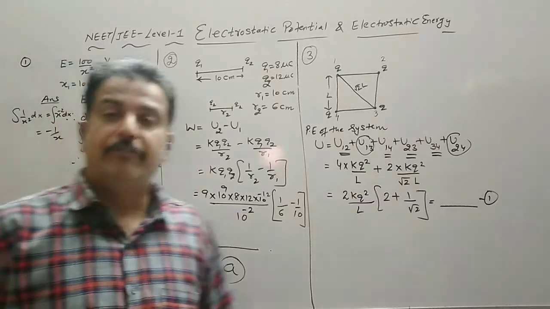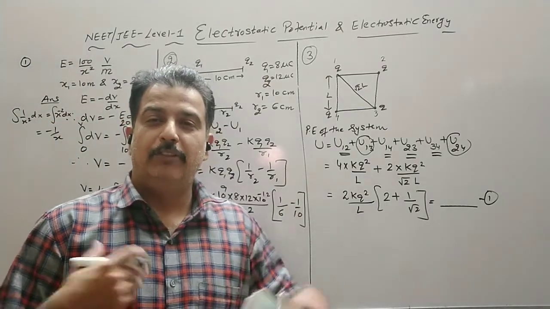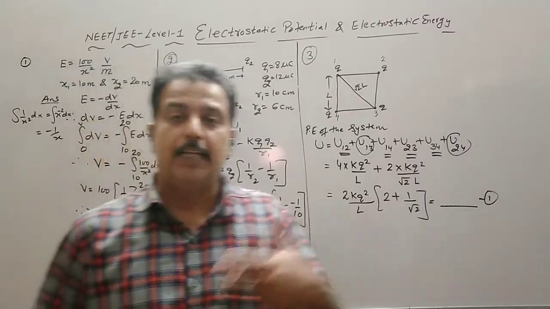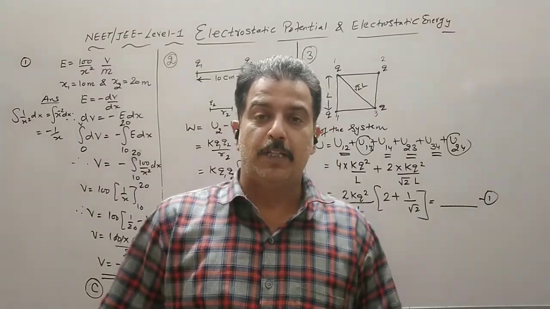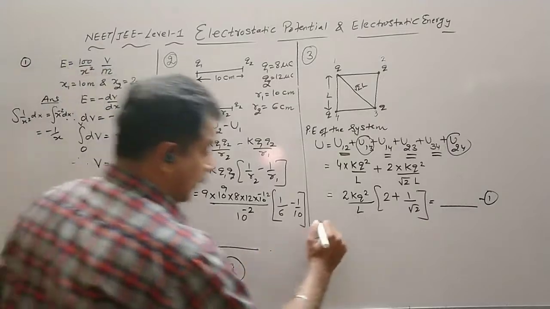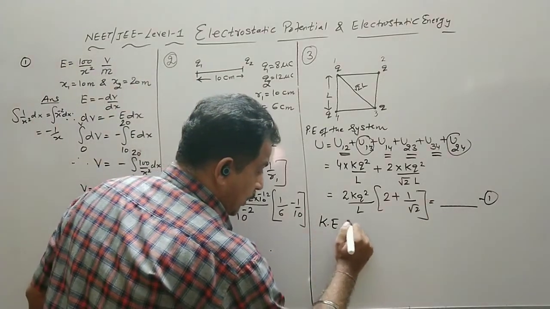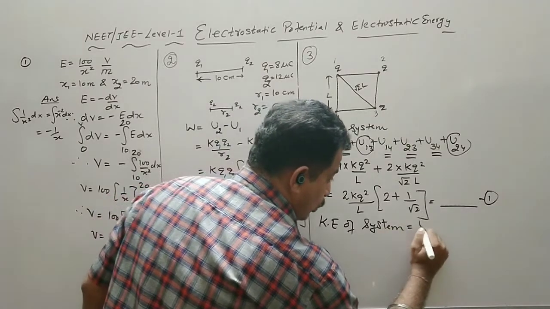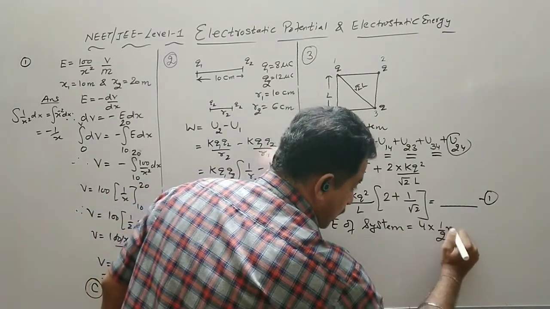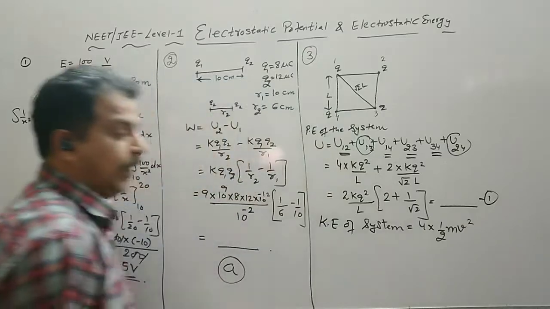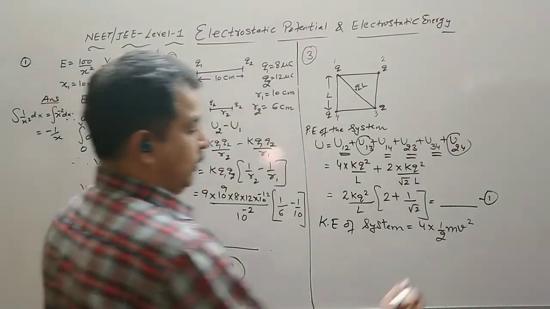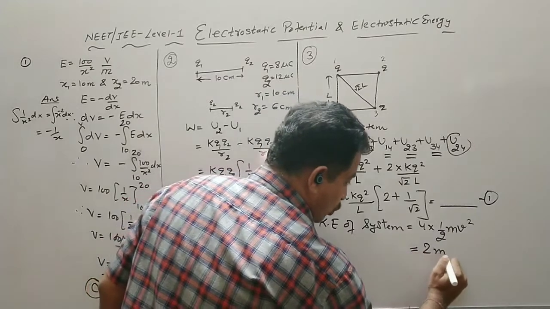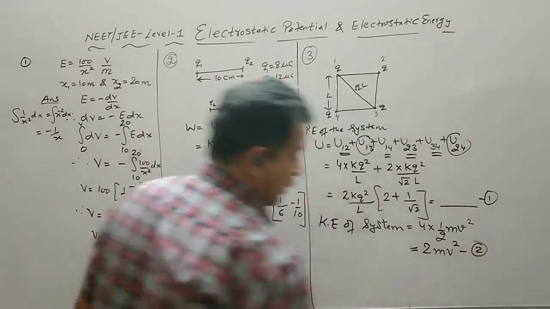Now we let them free. When we leave them, they exert force on each other and their entire potential energy should be converted into kinetic energy. So the kinetic energy of the system is equal to 4 times half mv square. Each will have a kinetic energy of half mv square, so it becomes twice mv square.